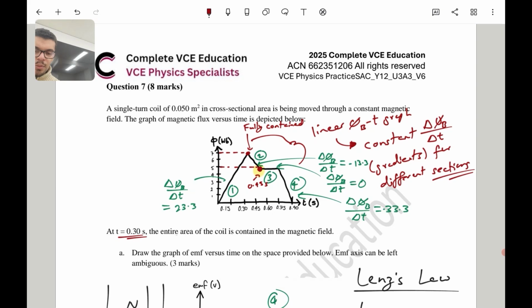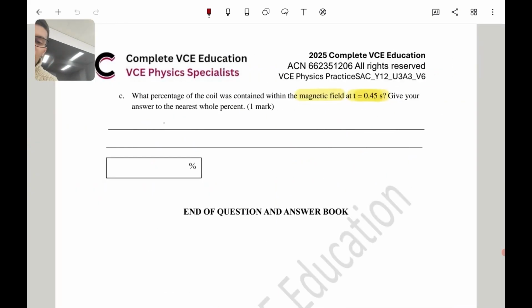So t is equal to 0.3. We are told that the entire area of the coil is within the magnetic field. So perfect. At 0.3 seconds, at the turning point of the graph, at 7 Webers, that's when the flux is a maximum, and that's when the coil is fully in the magnetic field. So we know that the maximum value is going to be 7 Webers. And the value that is relevant at 0.45 seconds is going to be 5 Webers.